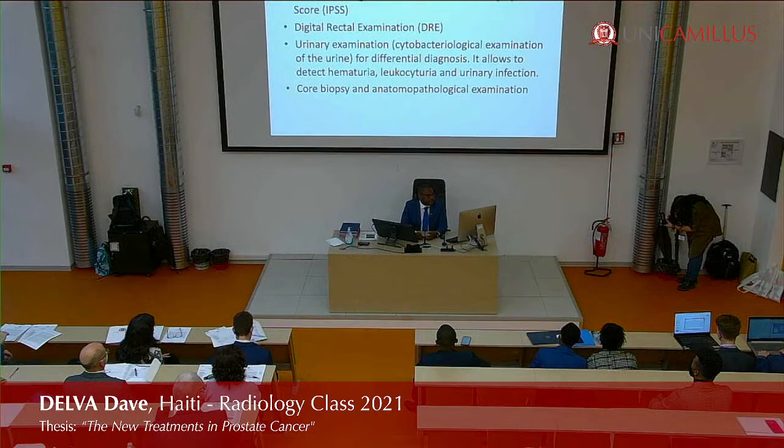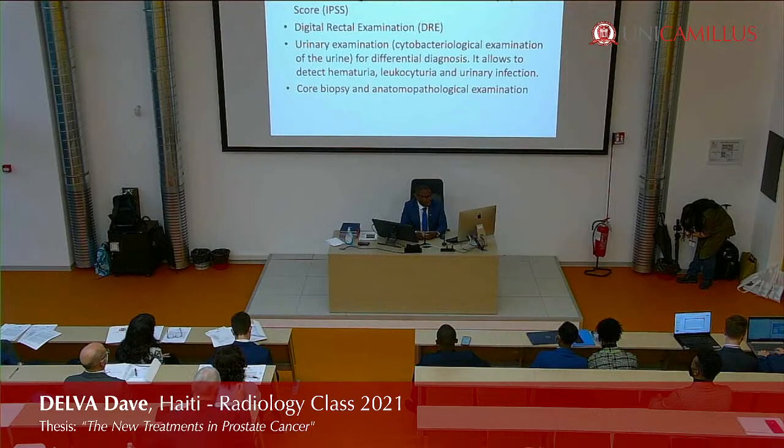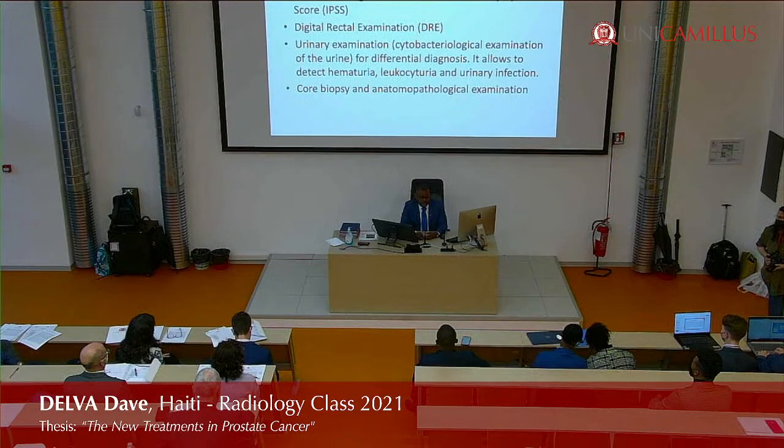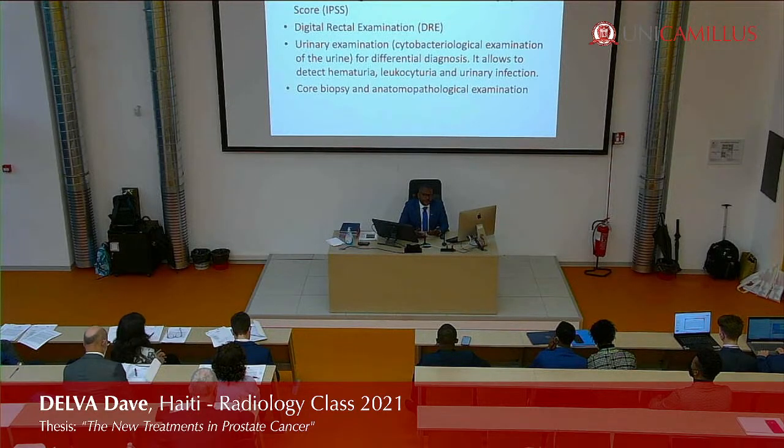We also perform the differential diagnosis, which allows to see the leukocytoria and urinary infection. Once we're pending for a diagnosis, we have to perform a biopsy, which is the histological examination.